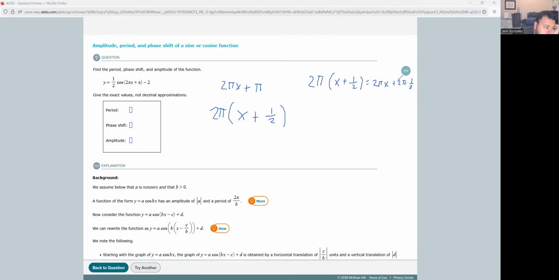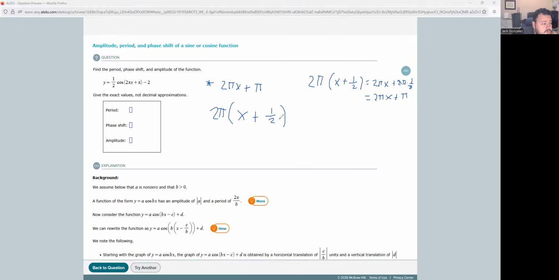So see how the halves are going to cancel? So now I'm back to where I started. I just want you to see that this is all the same. So if I factor a 2 pi out of this guy, it's going to turn into this.